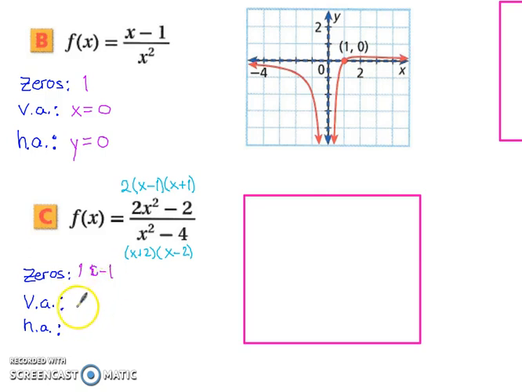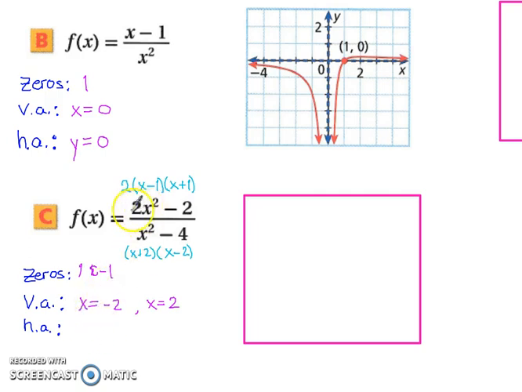Now, for a vertical asymptote, notice how there are two different values that are going to make this 0. Well, that means that you're going to have two vertical asymptotes. So one is going to be at negative 2, and the other is going to be at positive 2. And now for our horizontal asymptote. This is when you have to play with our leading coefficients.